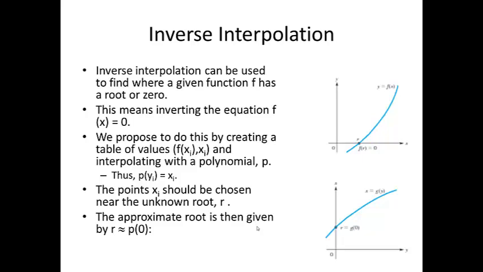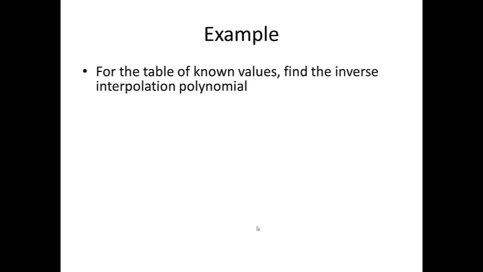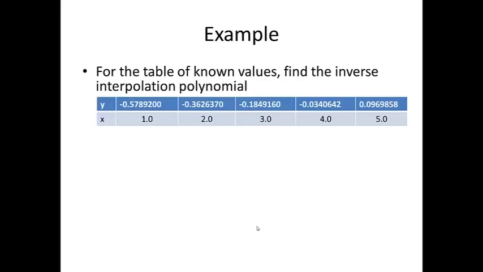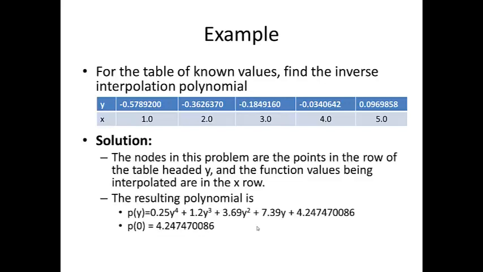The figures here show an example of a function y equals f of x and its inverse function x equals g of y, with the root r equals g of 0. Let's take a look at an example. For the table of known values, find the inverse interpolation polynomial. Again, we can plug that into our code and reverse the x and y.